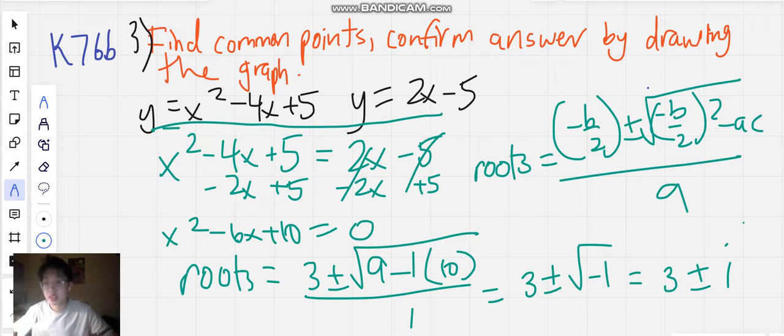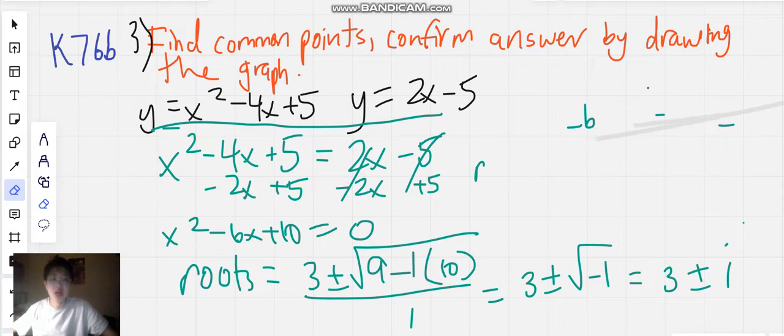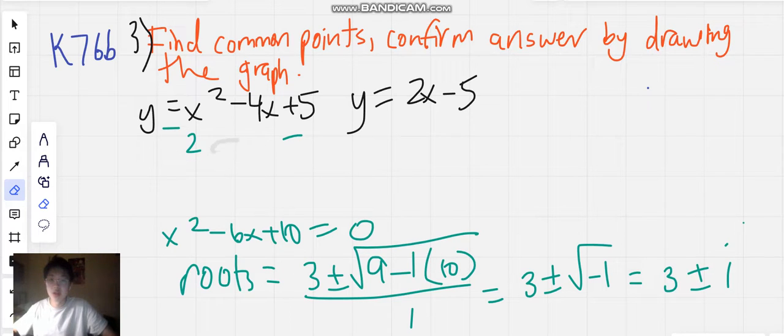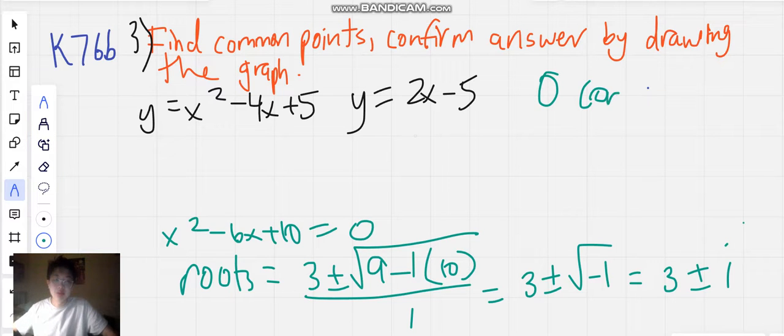If I got real solutions, then I would have visible intersection points, but in this case these are imaginary solutions, so I don't have any intersection points on the 2D plane of these two graphs that I was given originally. So I'm going to say there are 0 common points.